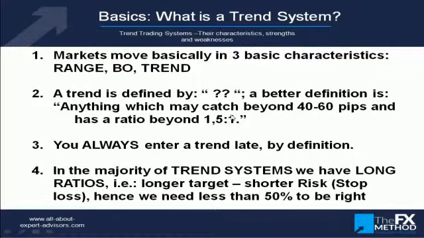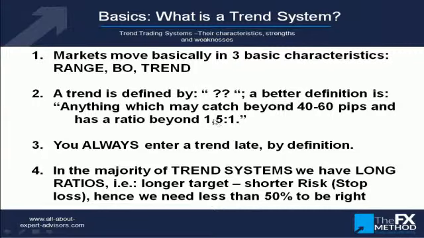I always put on the denominator, on the lower part of the divisor, right, I put the stop loss, right? So we should have at least 50% more than we risk for it to be a trend system as well. Okay, so both things, I would say 40 pips at least, 60 pips or beyond, and what we call a long ratio, meaning that the target is always longer than the risk.